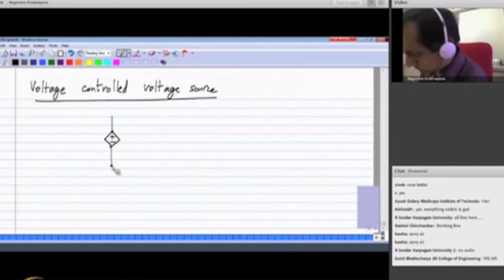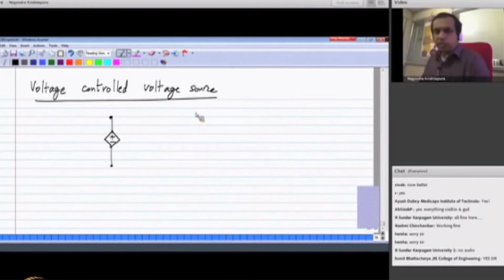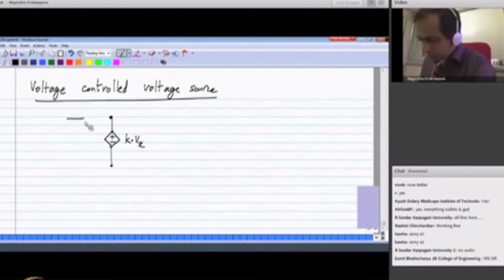We use a rhombus instead of a circle just to distinguish it from independent sources and make sure you understand right away that they are controlled sources. The value of this would be K times Vx, where Vx is the voltage between some two nodes in the circuit. Okay. Now it is very important to understand that this Vx is not something that I apply from outside, but it is any voltage in the circuit. Okay.